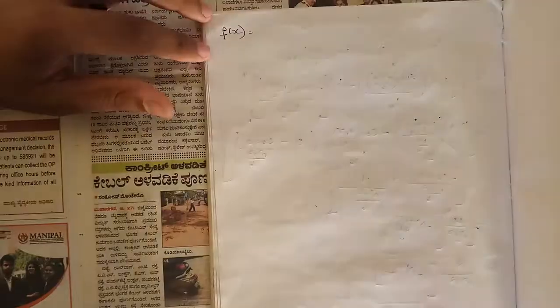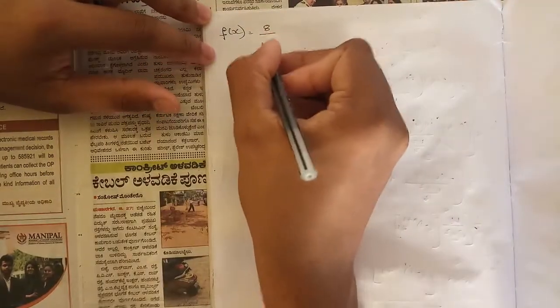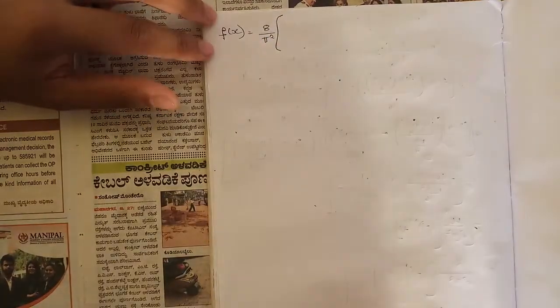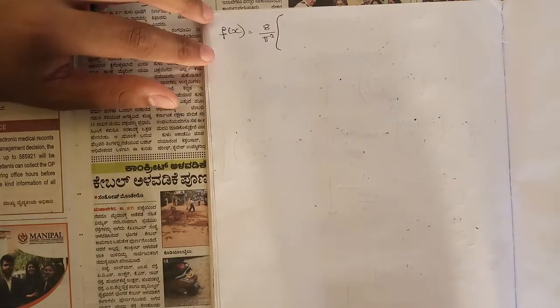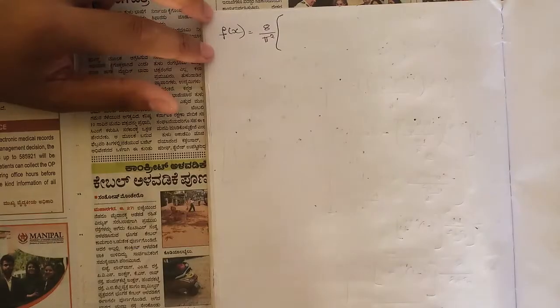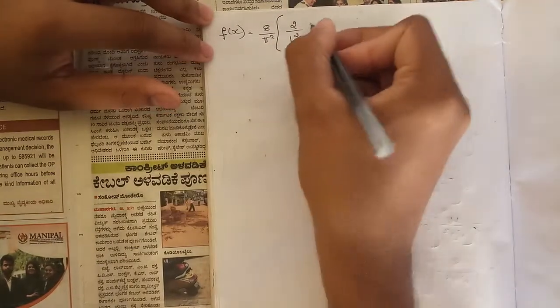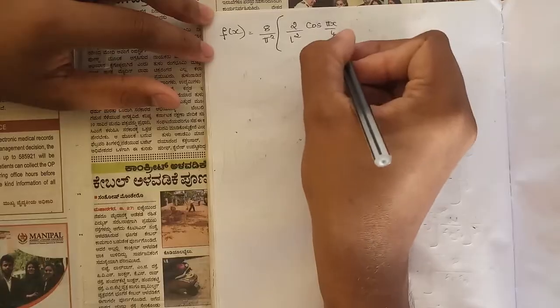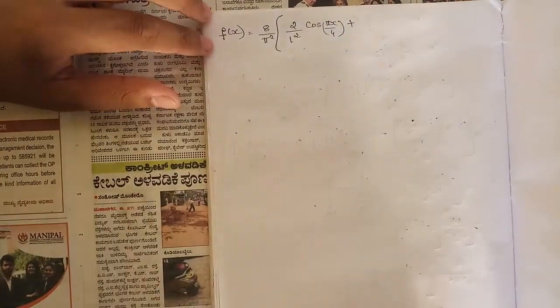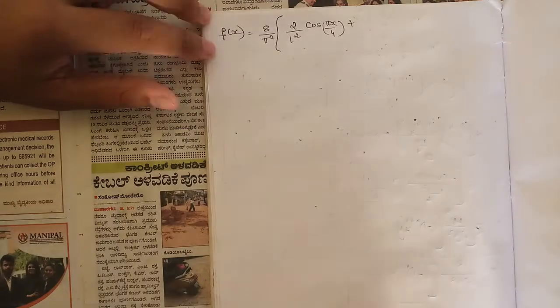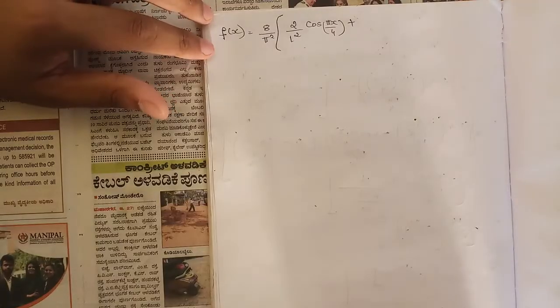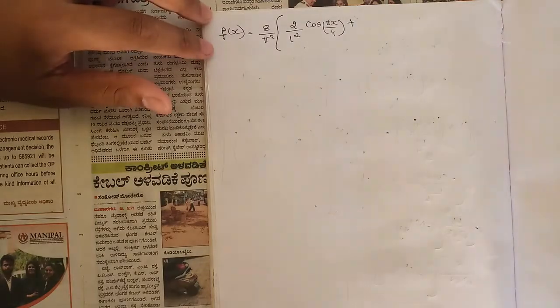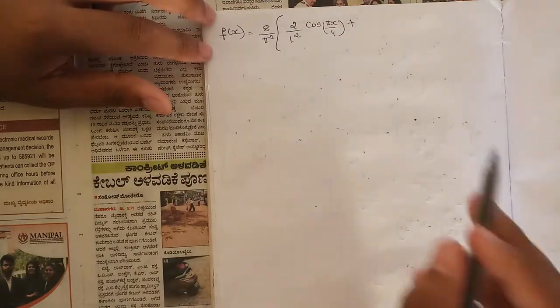We'll simplify this. Now f of x is minus 1 to the power 1 plus 1 is minus 1 square, and minus 1 square is plus 1, and we have another plus 1 there, so we'll write it as 2 by 1 square cos pi x by 4, plus the next term will become 0. See how it is, minus 1 to the power 2 plus 1, that is minus 1 cube, that is again minus 1, and along with that we have the plus 1, so minus 1 plus 1 becomes 0, divided by 2 square, so it's 0, and the whole term becomes 0 there.